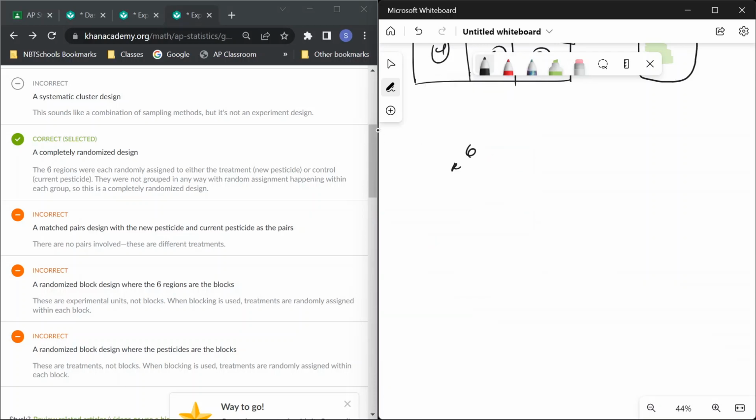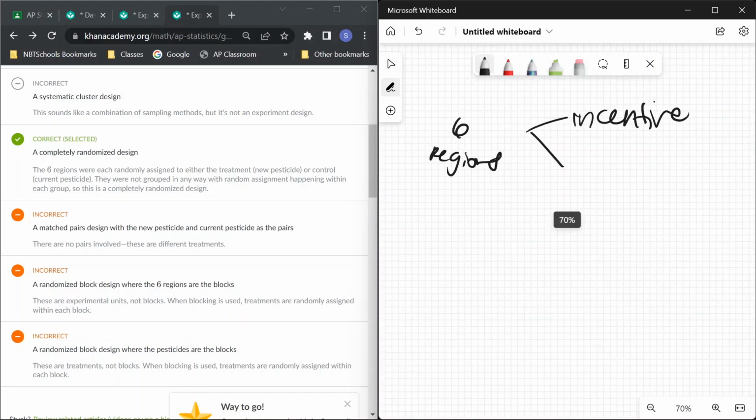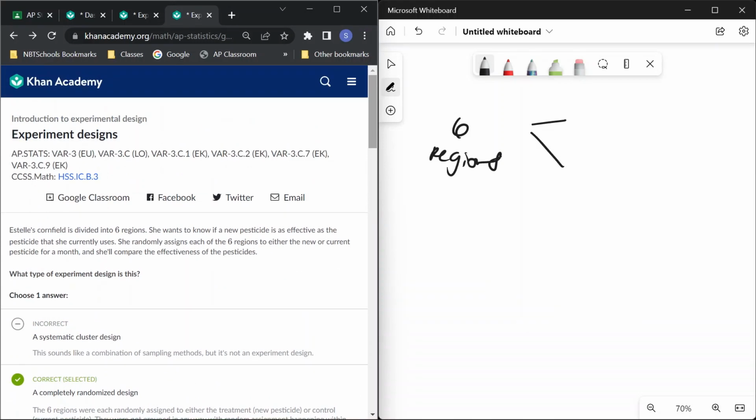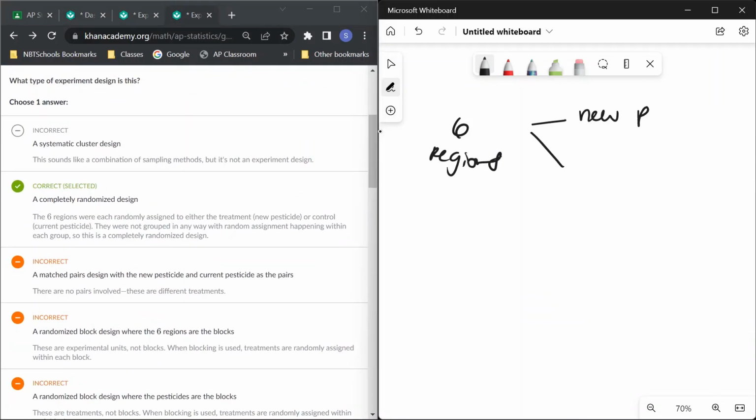So it's just 6 regions, and they were randomly assigned to either the treatment, the new pesticide, or the old pesticide.